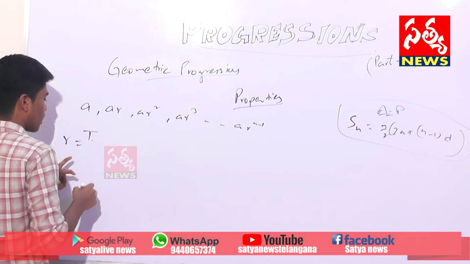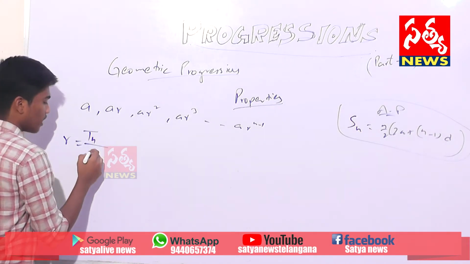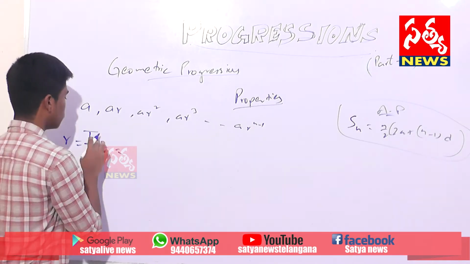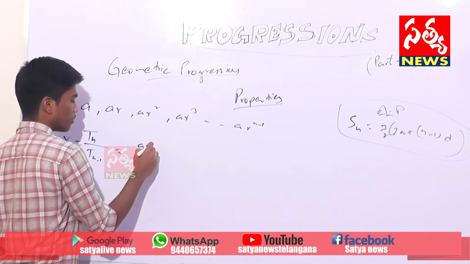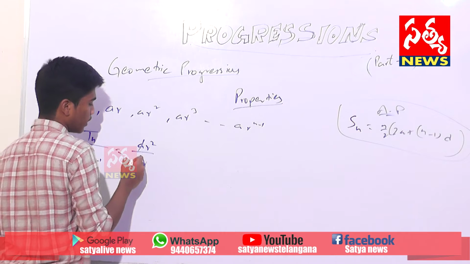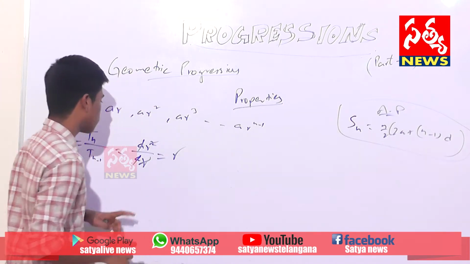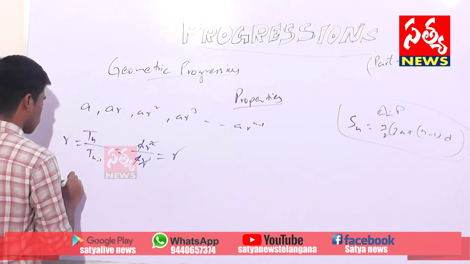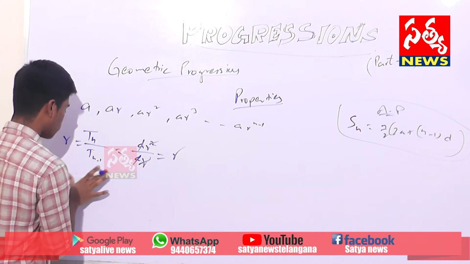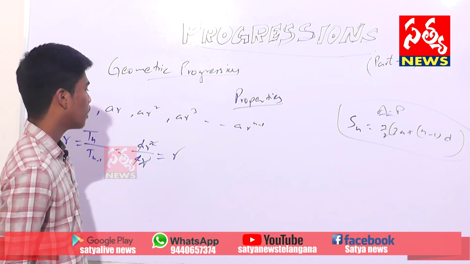You have to find the value of r, which is tn by tn minus 1, right? Let's take the third term. t3 is ar square by t second, ar. A gets cancelled and r is the common ratio.